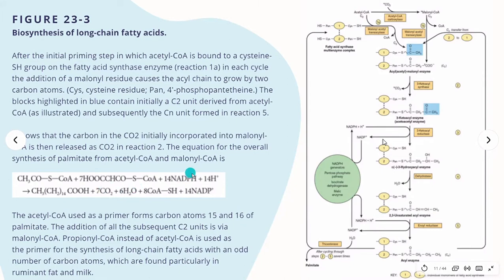NADPH expended. And what is left is 14 NADP also. Oxidized. This is reduced. This is oxidized. Okay. So this is the left side of the equation. This is the right side of the equation. There. That's your arrow there.